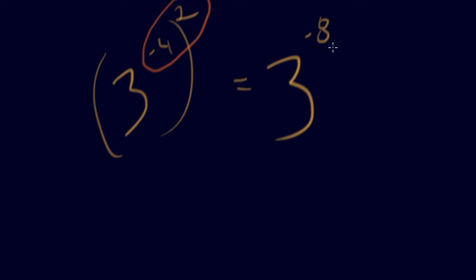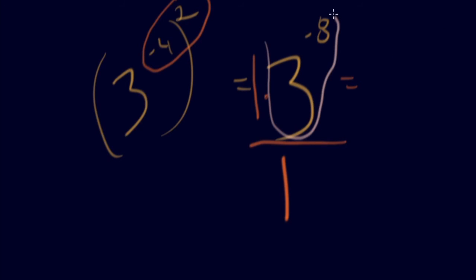But 3 to the power of -8 is, and I'm going to put this 3 over 1. So don't forget that. And also, this is kind of tricky, but if I times this by 1, so this is like 1 times 3 to the -8, I'm just going to be moving this down, okay?